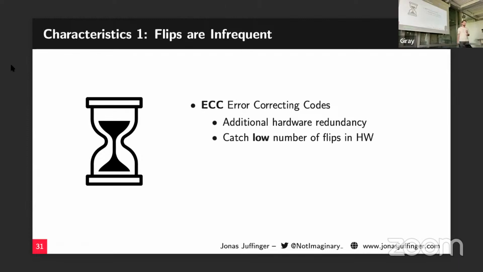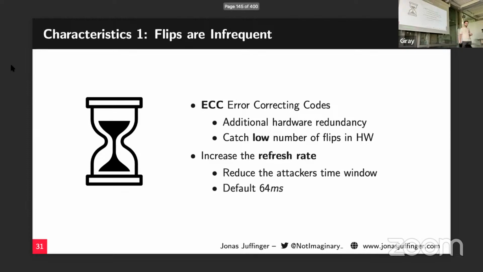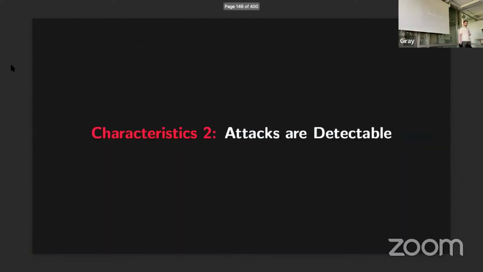Yeah, this is caught by hardware, perfect. Increasing the refresh rate. So many manufacturers just released BIOS updates, increasing the refresh rate from 64 to 32 milliseconds, perfect. RowHammer solved. As we all know, this is sadly not the case. RowHammer bit flips are way more frequent, and these mitigations did not hold up.